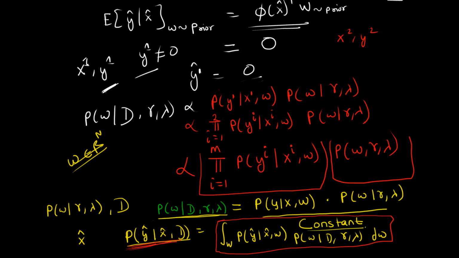So theoretically it all sounds very good: we have the prior, we have the likelihood function, then we can compute the posterior distribution, and then given some new input data points we can compute the conditional distribution of Y hat given X hat. But in practice it doesn't work so well because this integral is very hard to compute, right?